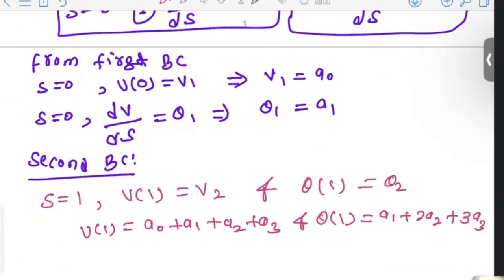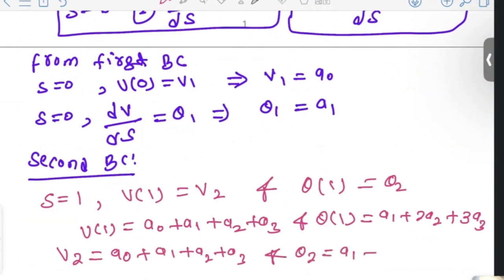So here we have B2 equal to A naught plus A1 plus A2 plus A3, and this is theta 2, A1 plus 2A2 plus 3A3.